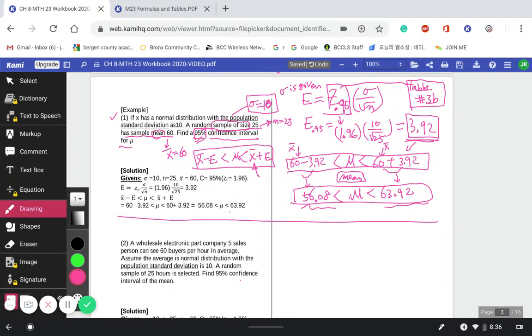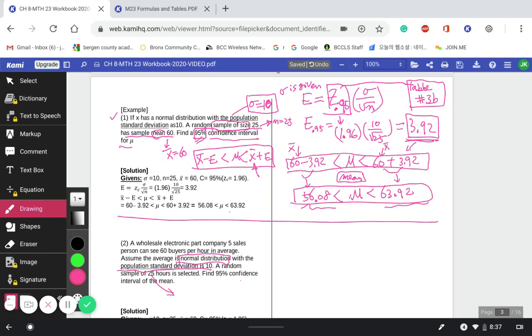A wholesale electronic part company's 5 salespersons can see 60 buyers per hour on average. Assume that the average is normally distributed. You always have to have a normal distribution, so we can utilize table number 3A and 3B, in this case 3B, with a population standard deviation of 10 and a random sample of 25.